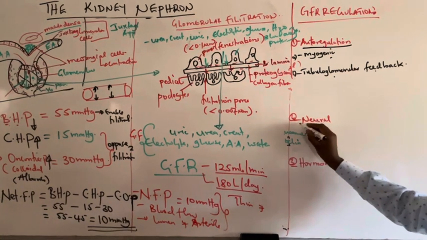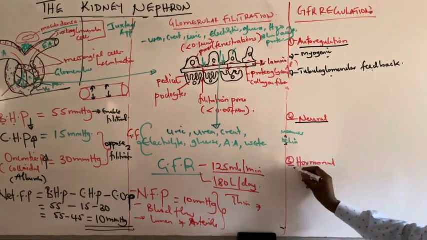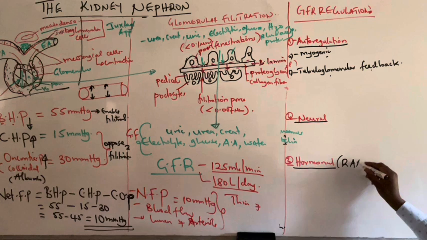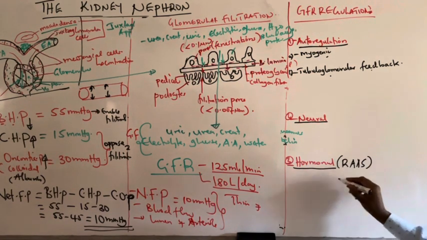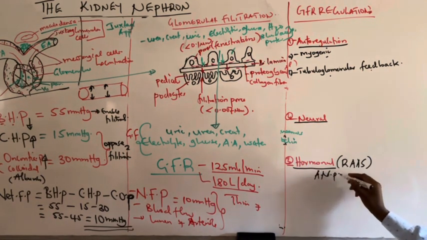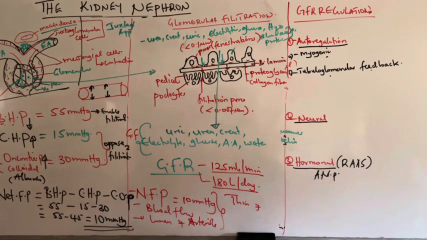Then we shall also see neuroregulation and hormonal regulation, whereby hormonal regulation will be by RAS and ANP. We shall see ANP and RAS playing a big role in maintaining glomerular filtration.